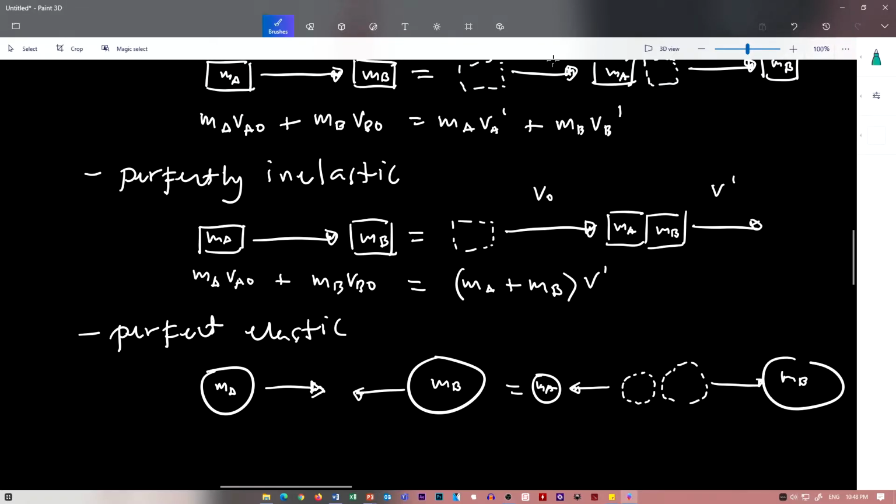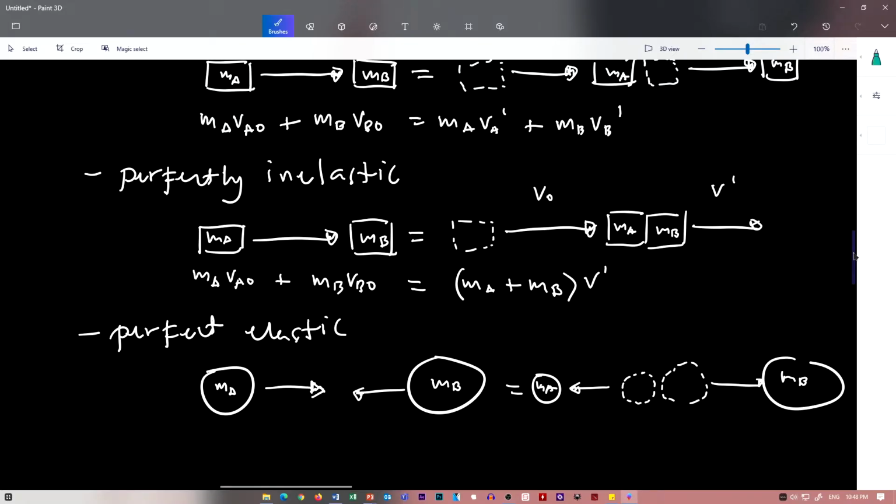Something like that. Then of course kinetic energy is conserved for these equations as well. But don't worry, we're not going to have equations that involve kinetic energy on perfectly elastic unless stated. Mostly we're just going to deal with velocities, displacement, and to some extent force, on solving these problems.